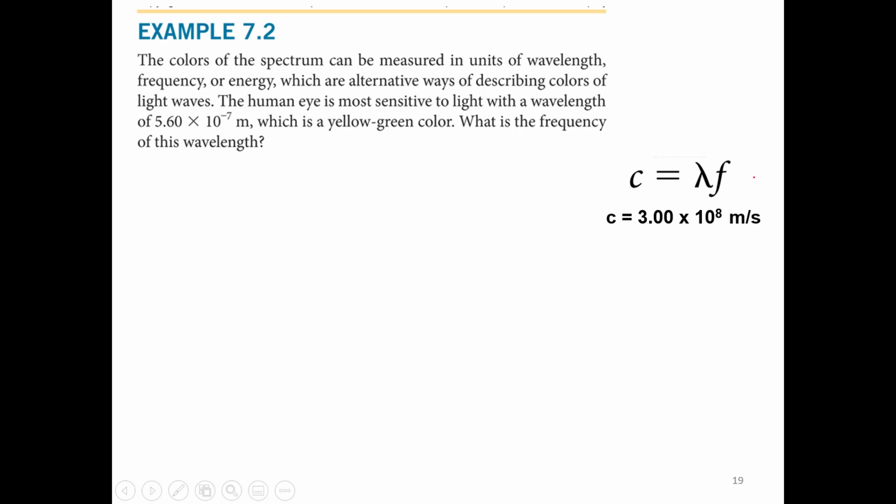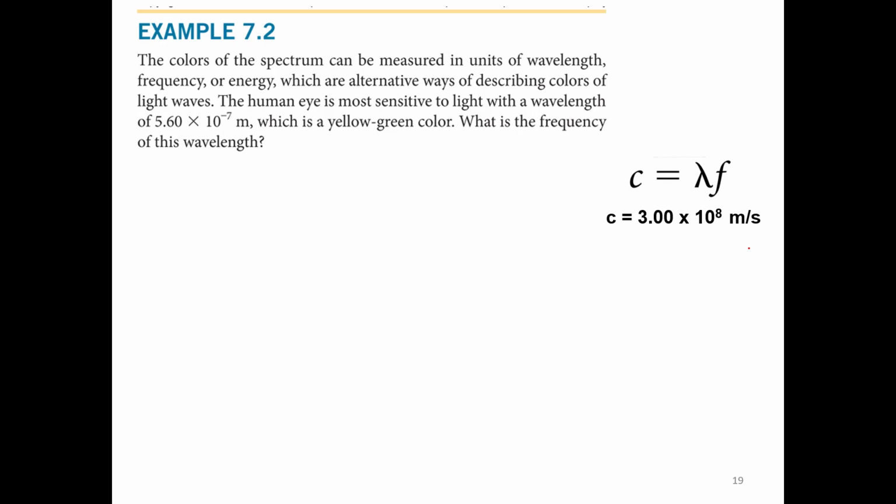And we know this is the equation. We can describe any wave, and we know colors are waves, so we can describe that color using this equation. And we know this is the speed of light in air or in vacuum, which is almost the same. Let's see what information we know.